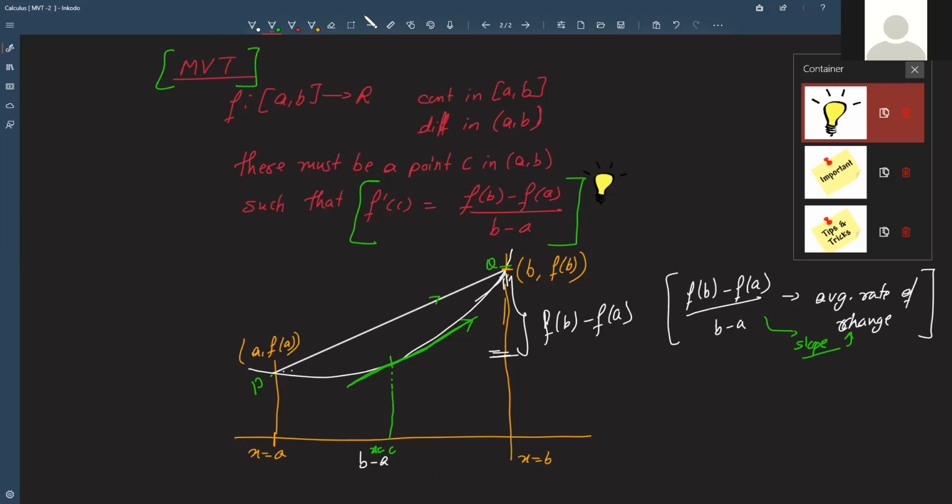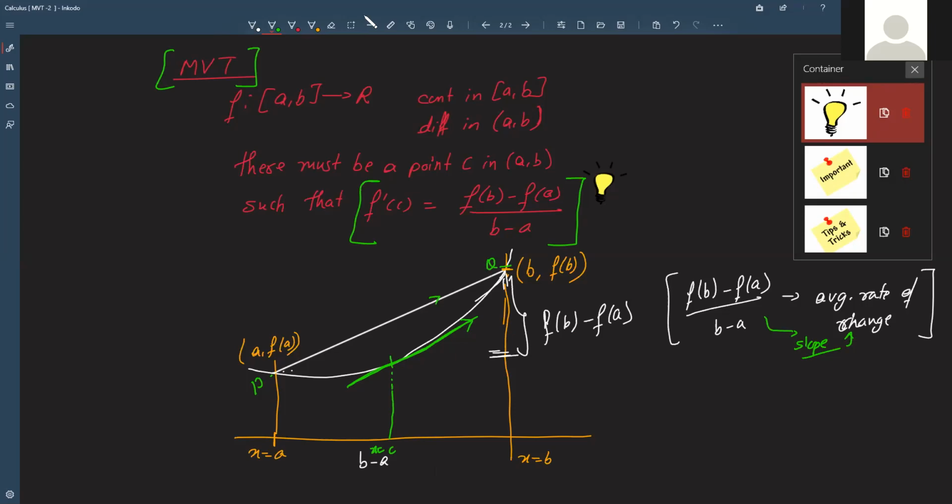That is not something you can say for sure, but C will be there in between A and B. If you draw a tangent at C, it will be parallel to the line PQ. And if that is the case, both will have the same slope.